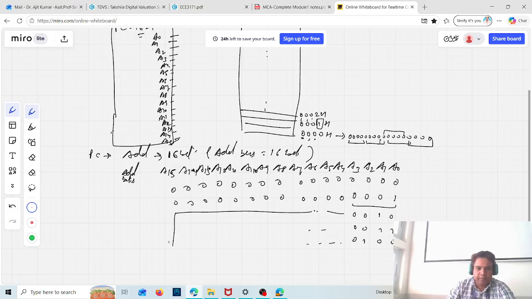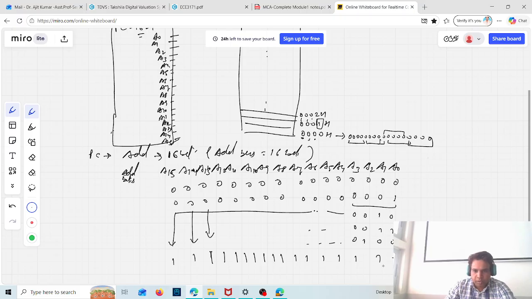That is, A15 is 1, A14 is 1, A13 is 1, and so on, all 16 bits. This is the last address.